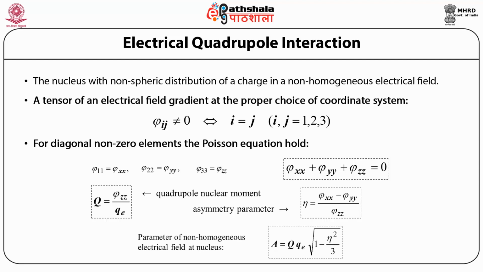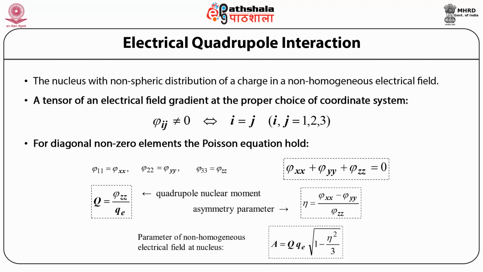The parameter of the non-homogeneous electric field at the nucleus is given by capital Q into e under root 1 plus eta square over 3. So basically this quadrupole interaction is the interaction of the nucleus with the electric field gradient, the variation in electric field at the nucleus.